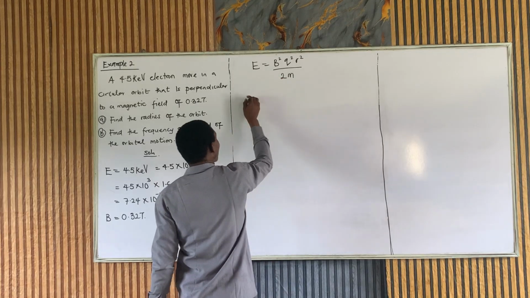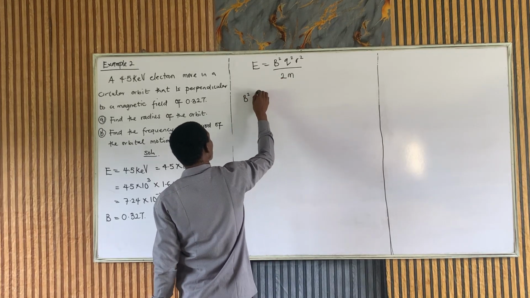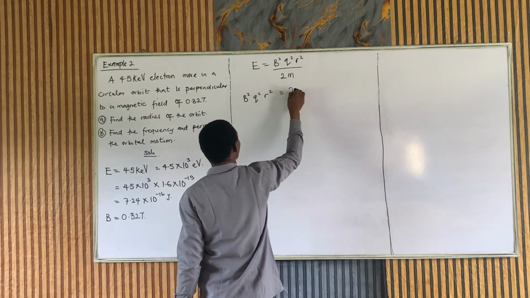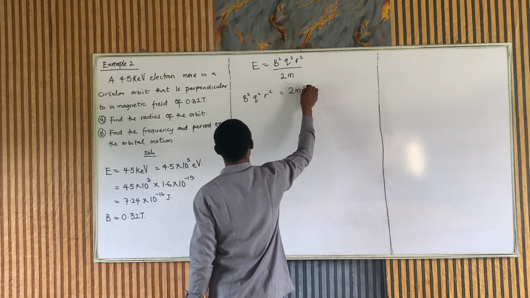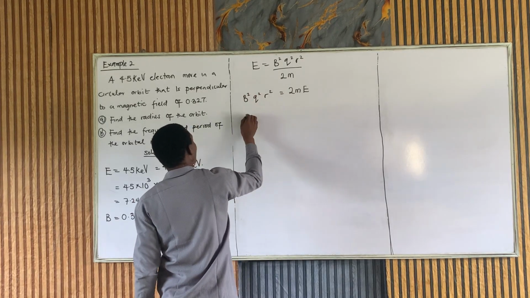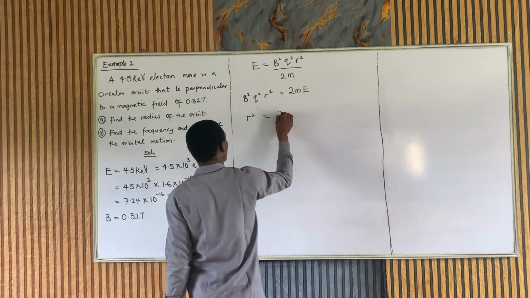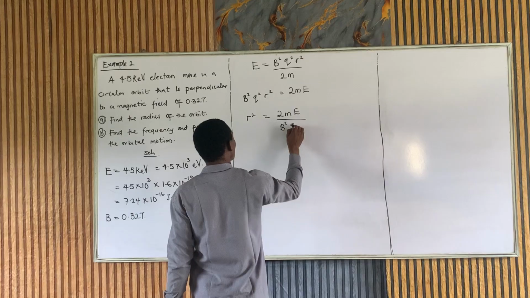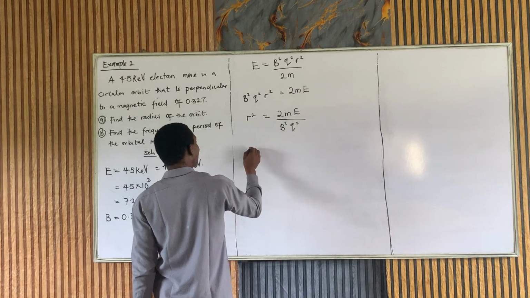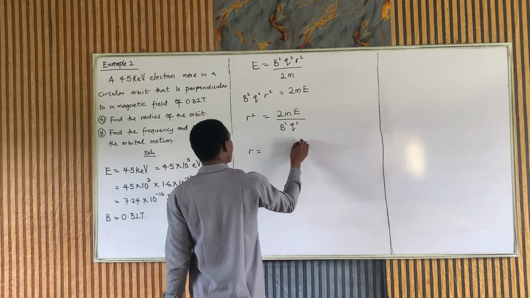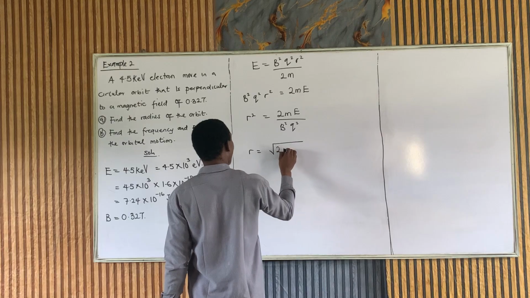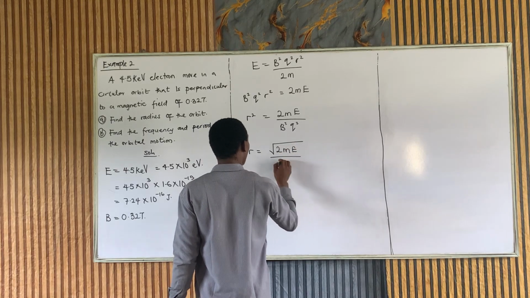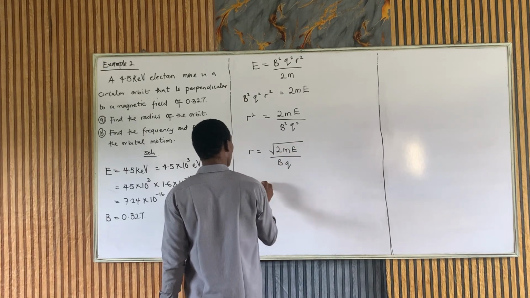If you multiply this, you get B squared, Q squared, R squared is equal to 2 times mass times energy. Again, we can now say R squared is 2ME over B squared, Q squared. If you take the square root of both sides, you get that R is equal to the square root of 2ME over BQ.